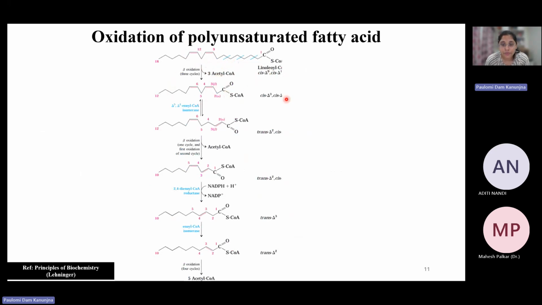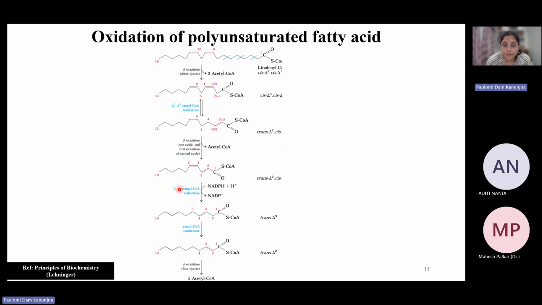Now, when you have this structure, you have again the isomerase that we have just discussed. This isomerase makes it into trans delta 2 and cis delta 3. So you have one beta oxidation cycle and the first oxidation of the second cycle. So you have oxidation and acetyl coenzyme A from this bond here.